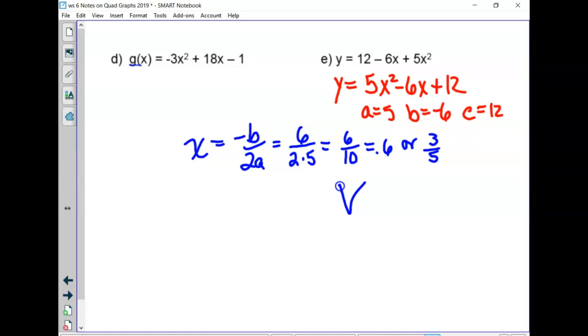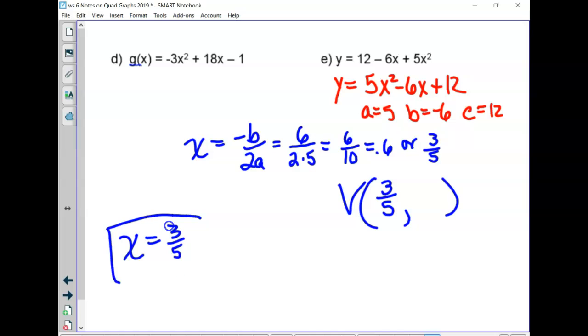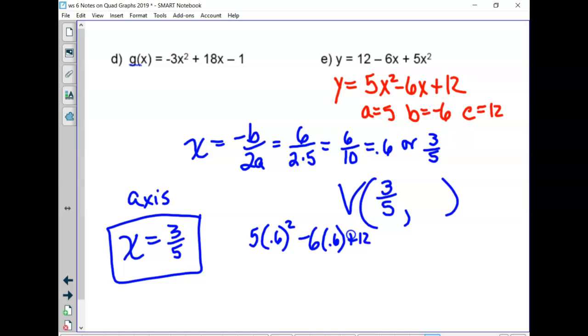Any of those would work for our vertex. Okay, to find the rest of the vertex, so the axis of symmetry would be that. But to find the rest, we got to plug it back in. So if somebody type in 5 times 0.6 squared minus 6 times 0.6 plus 12, just to make it a little faster to type. 10.2, or it'd be 51 over 5.